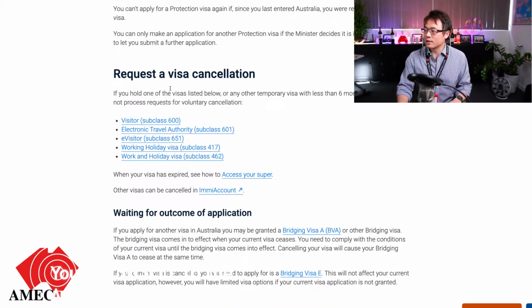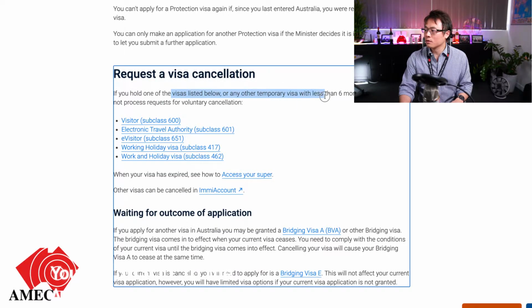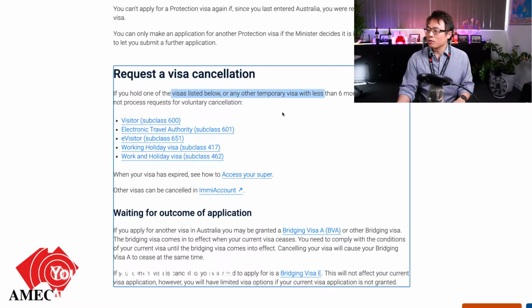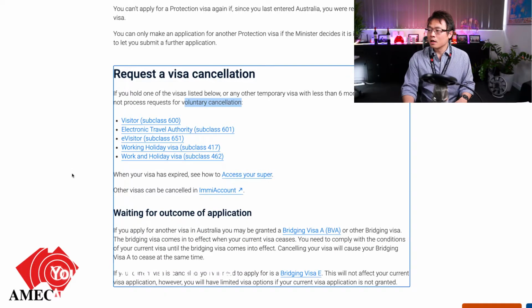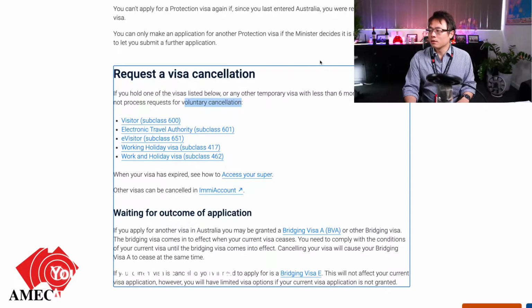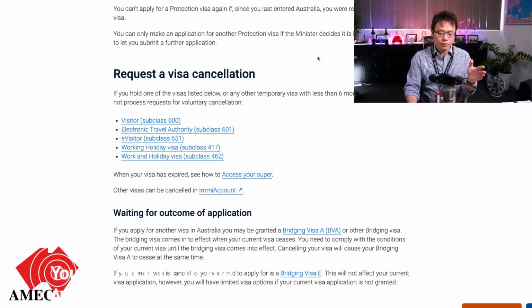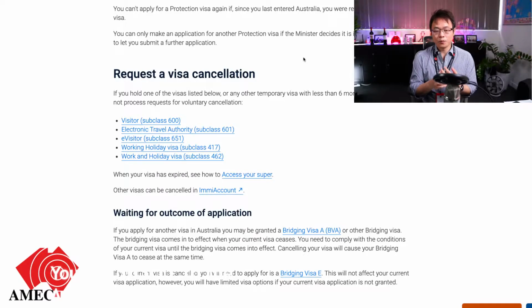Now, request a visa cancellation. If you hold one of the visas below or any temporary visa with less than 6 months validity, they will not process requests for voluntary cancellation. So what does this mean? Some people will ask. Now, some people hold certain visas due to their work with a certain government, for example.